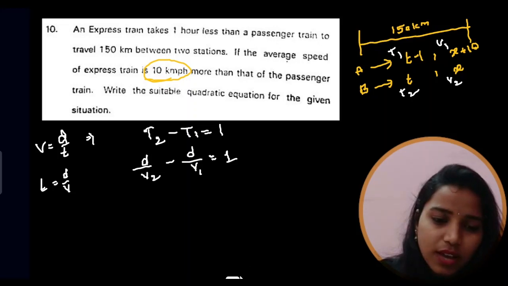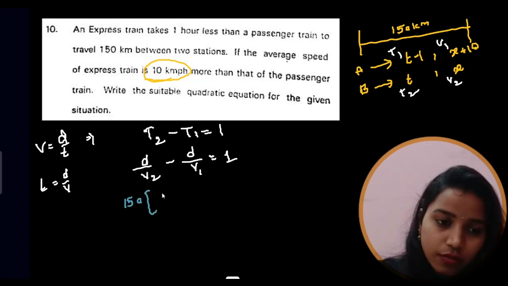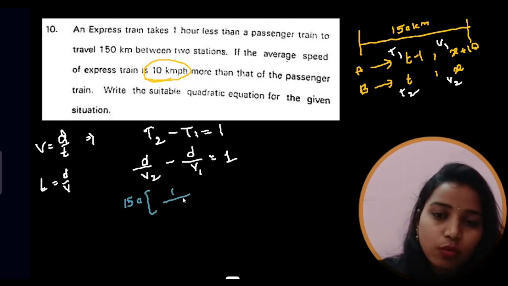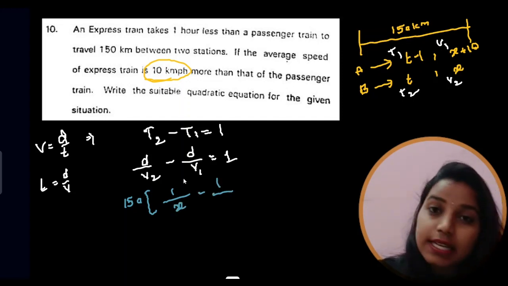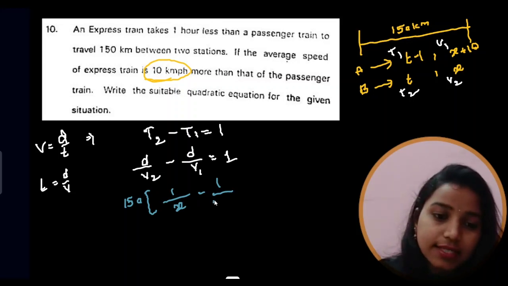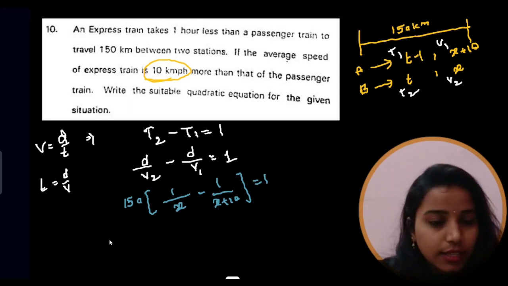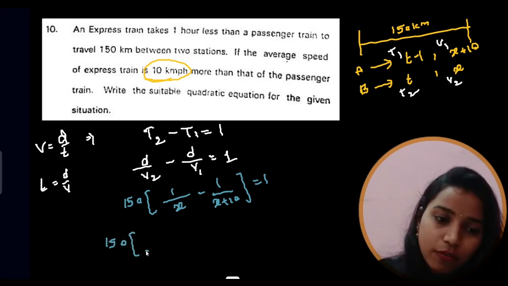Just substitute all these values here. d is 150, right? So I'm taking 150 out for some time, and 1 by v2, what is v2? v2 is x, and what remains is 1 by v1, where v1 is x plus 10, right? It is equal to 1. Now in the next step, I'm taking the LCM of the two terms, x into x plus 10, right?